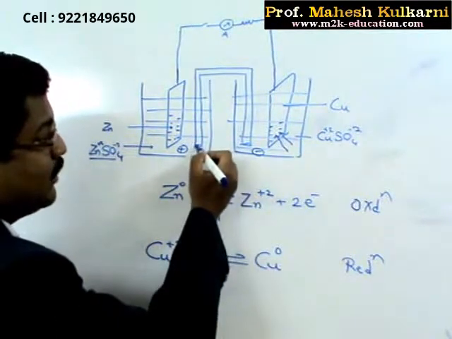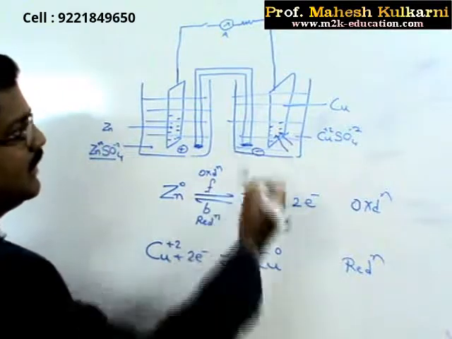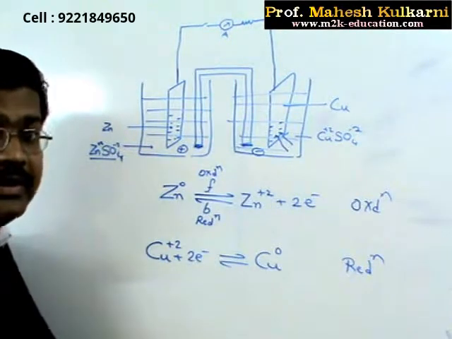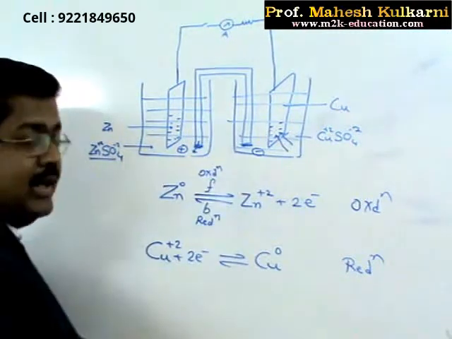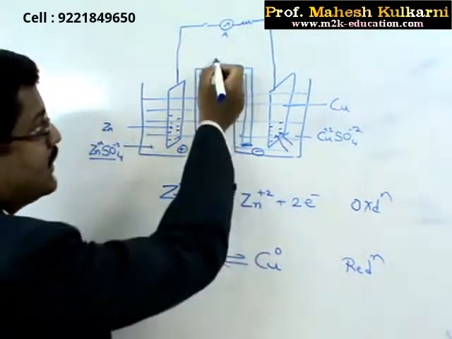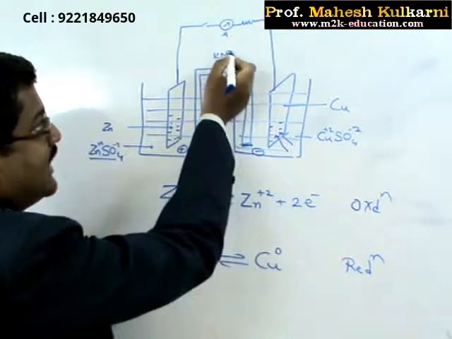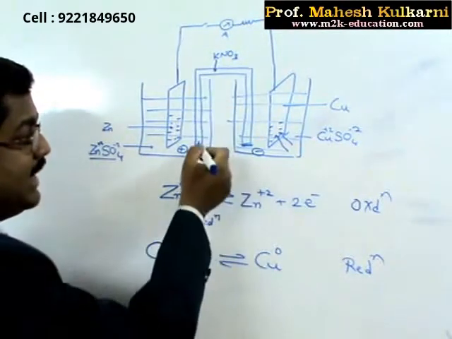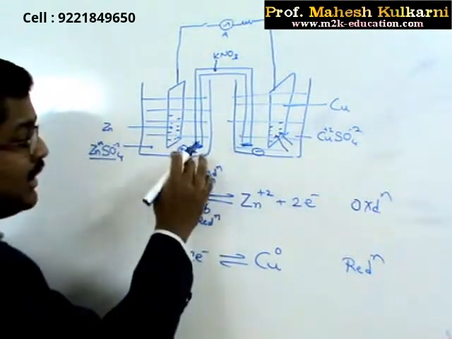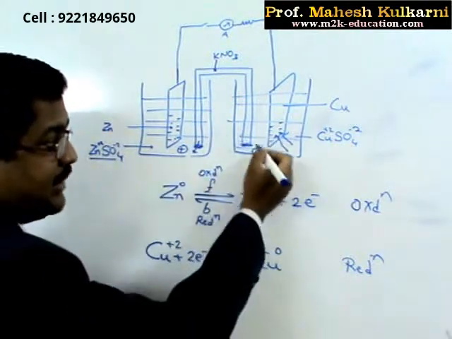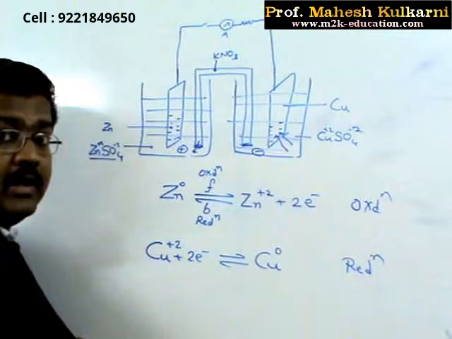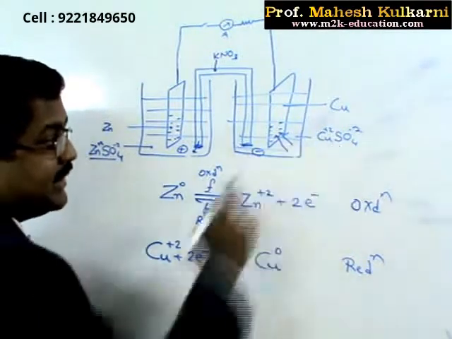When we insert the salt bridge, it gives connectivity. The nitrate ions start coming over here. What is filled here? KNO3 saturated solution. So nitrate ions come over here to form zinc nitrate, whereas potassium ions enter the other side to form potassium sulfate.